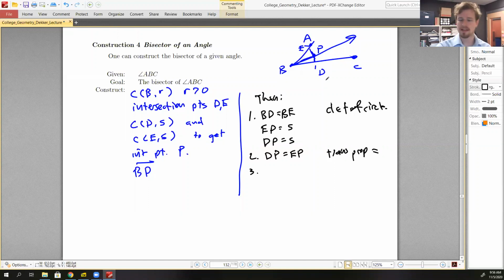All right, so what does that give us? Well, nothing quite yet, but we should recognize that the distance from B to P is equal to itself. Which gives us side, side, side of these triangles that we have constructed here. So this is the reflexive property of equality.